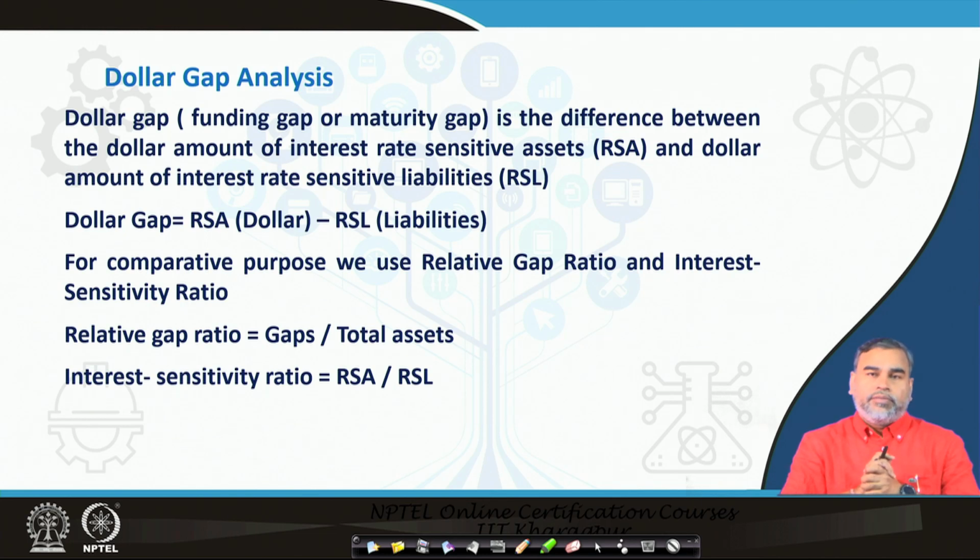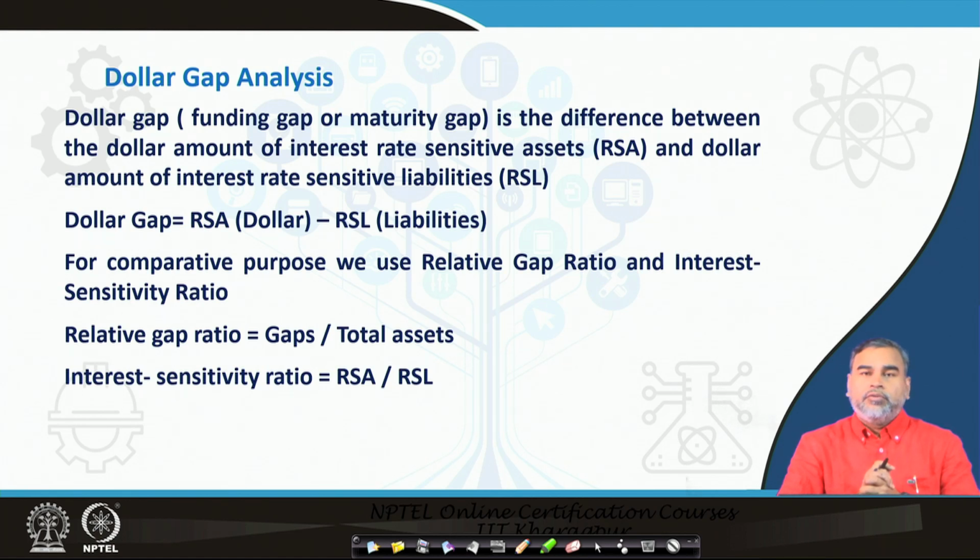Generally, because the size varies from bank to bank, and the assets and liabilities also vary, whenever we compare two different banks we need a common size statement. Some common size measures have to be defined.